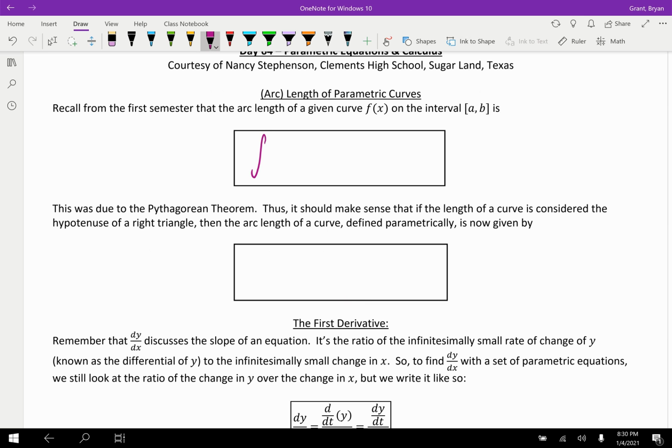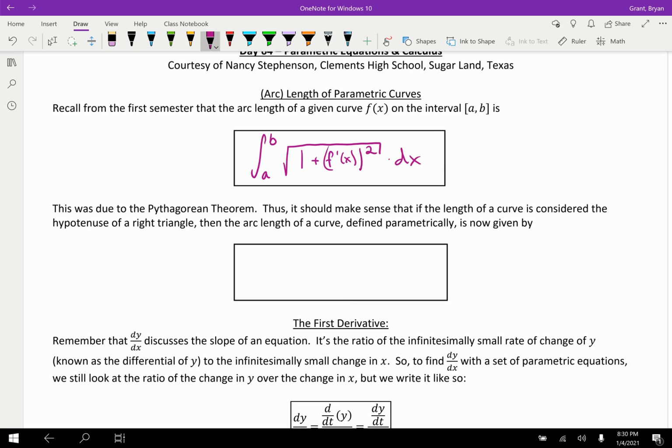But anyways, we define that as the integral from a to b of the square root, and this came from the Pythagorean theorem, if you might remember the derivation, of 1 plus f prime of x squared, dx. And that is a formula that you still need to retain in your memory.